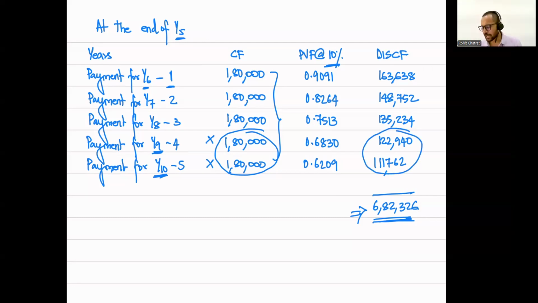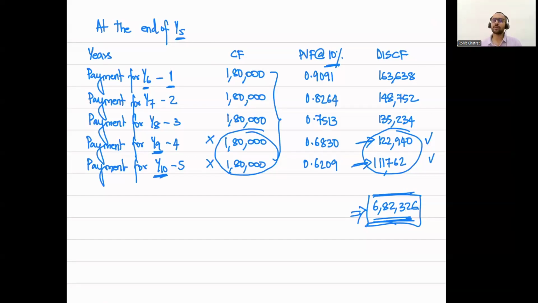What I'm going to do is this: the 6,82,000 includes 1,22,000 and 1,11,000, which represent payments for years 9 and 10. I am going to derecognize 1,22,000 and 1,11,000 from the 6,82,000 carrying amount.